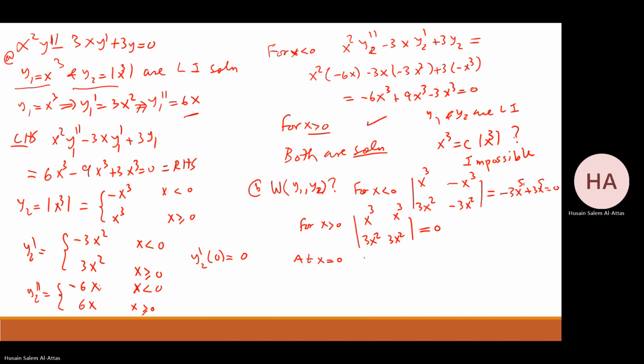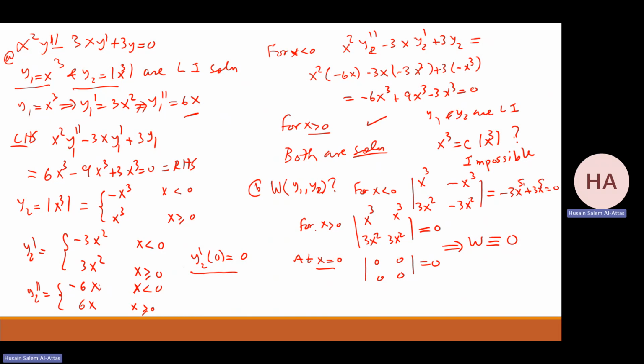So I have 0, 0, 0, 0, which is 0. So that means the Wronskian is identically 0. Yeah, at x equals 0, this one will be 0.